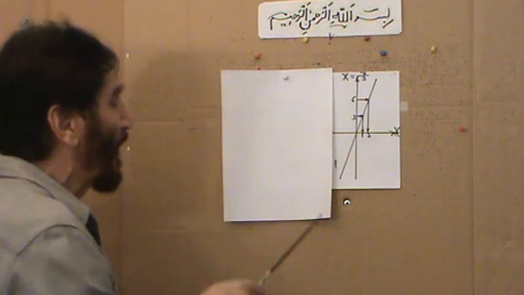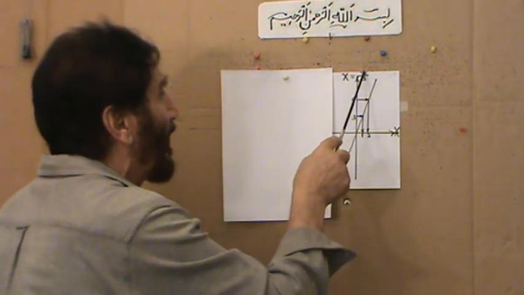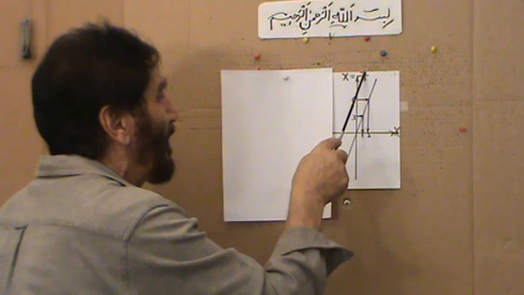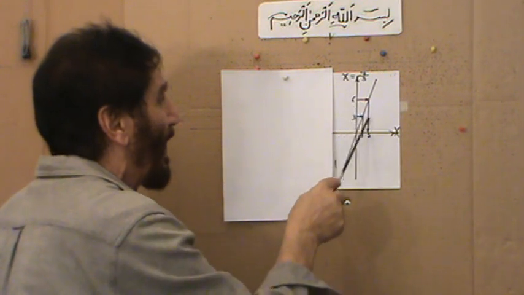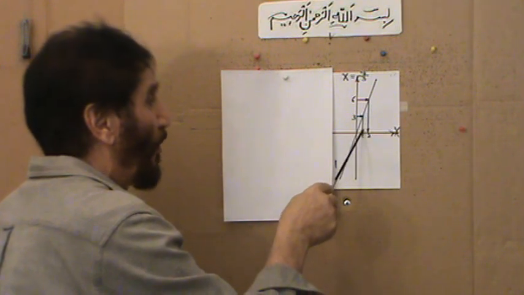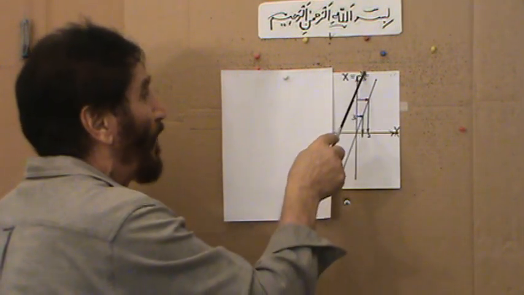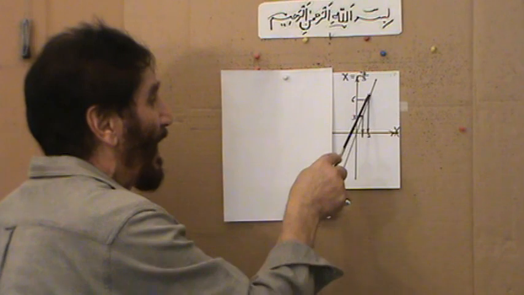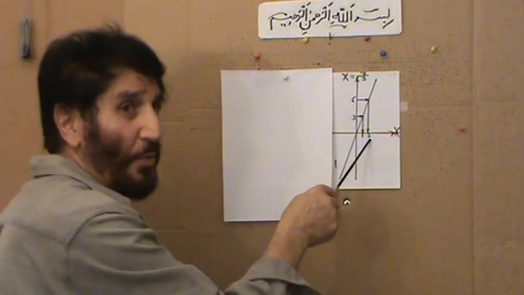Now look what happens for this one. When I assume a value of 3 for y, look what happens. The arrow goes this way. So x will be 1. So 1 is paired with 3, and when y is 6, you see that? X will be what? X will be 2.